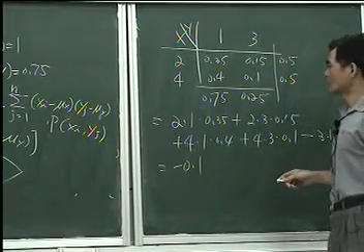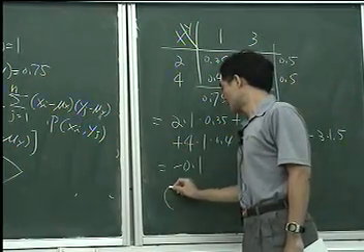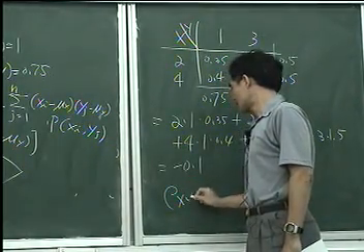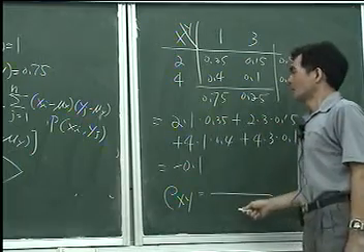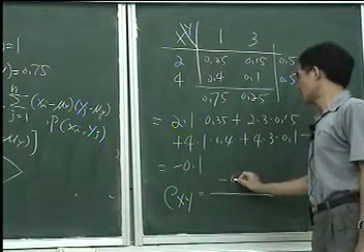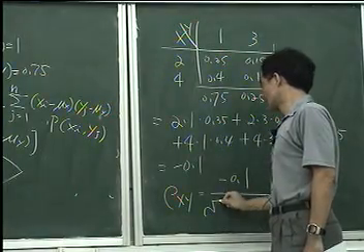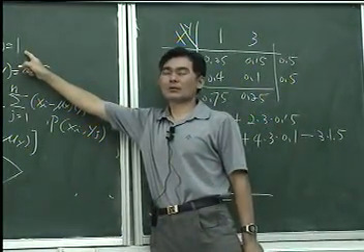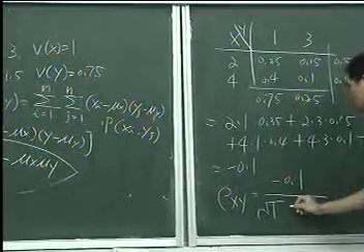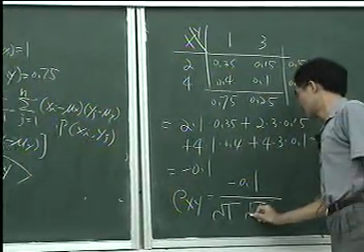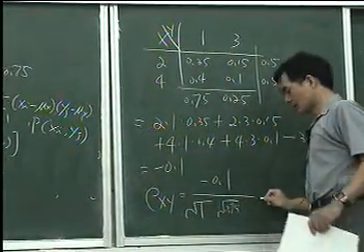Okay, so now you have to calculate rho xy, right? Rho xy is going to be negative 0.1 divided by square root of 1, because that would be sigma x, square root of 1, and square root of 0.75. And what do you get?